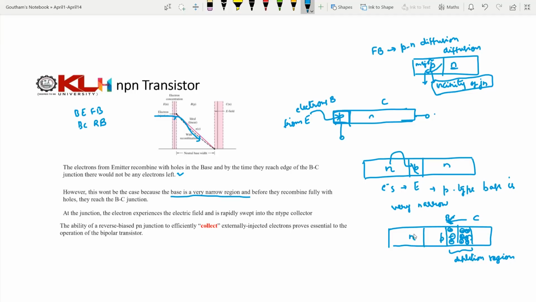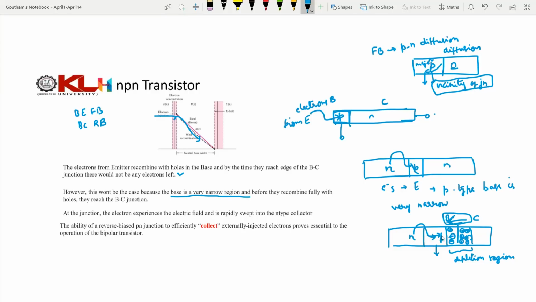Now what is happening here? Electrons are being injected from the emitter into the very thin base region. Because the base is very thin, the electrons are not completely recombined in the base; before they reach the edge of the base, they are not completely recombined. As they move towards the other junction, what do the electrons experience? A very strong favorable electric field.